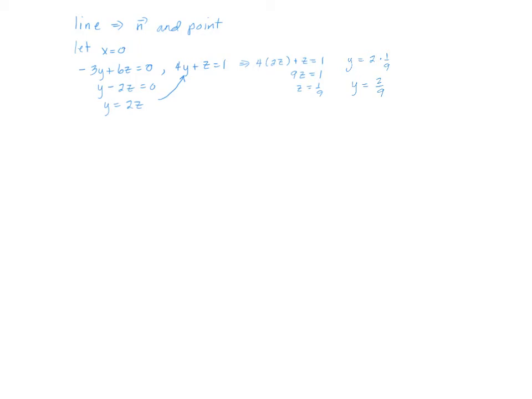Remember in the beginning I had set x equal to 0. So now I have this point 0, comma 2/9, comma 1/9. So I have a point. Now I need a normal vector.